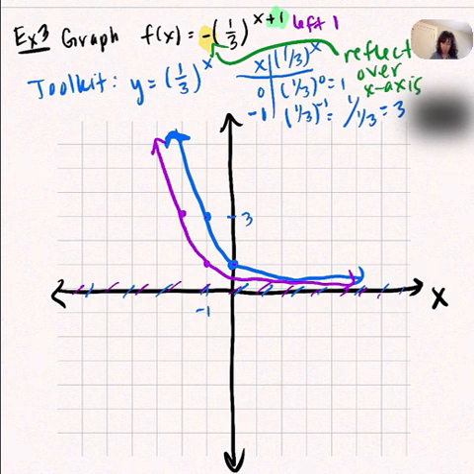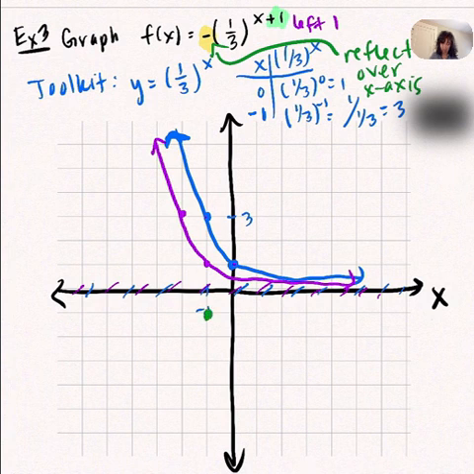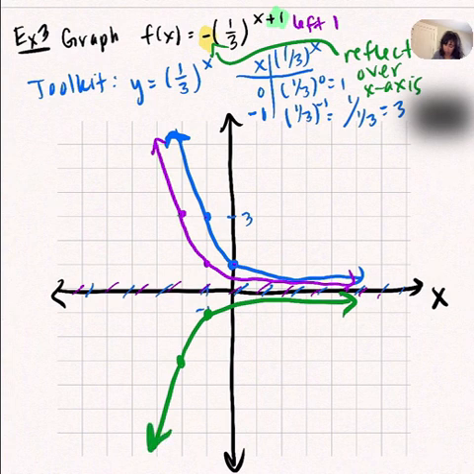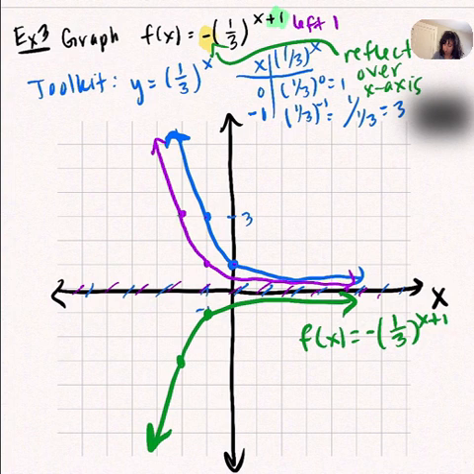And so I take every point on the purplish pink graph and I reflect it over the x-axis to get something that looks like this. And this is our graph of f of x equals -1/3 x plus 1.